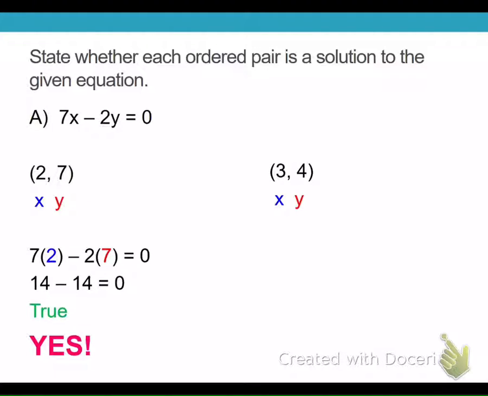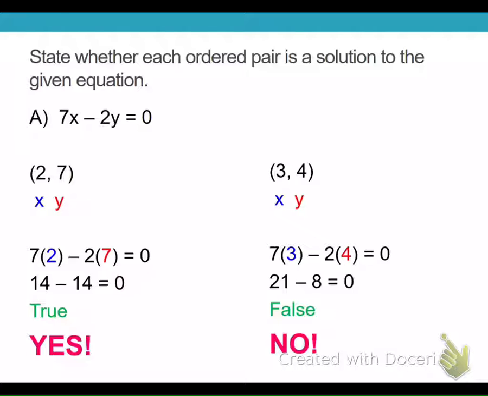You never know. So when I plug 3 in for the x and 4 in for the y, I get 21 minus 8. Does 21 minus 8 equal 0? No. It does not. This is false, so this is not a solution.